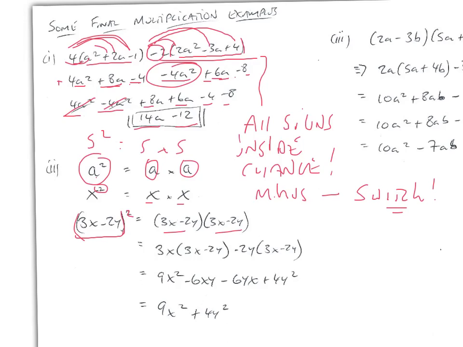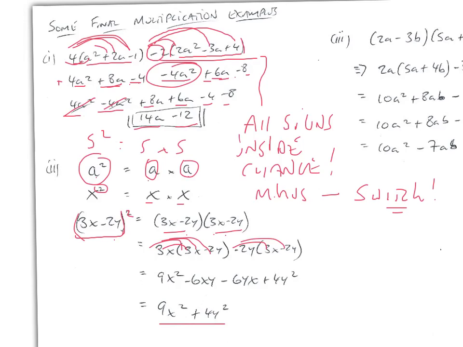Like a squared is a times a, 3x minus 2y squared is 3x minus 2y times 3x minus 2y. And then if we were to multiply that out, we would get 9x squared plus 4y squared. Simply by doing as we've always done, sign by sign and term by term.